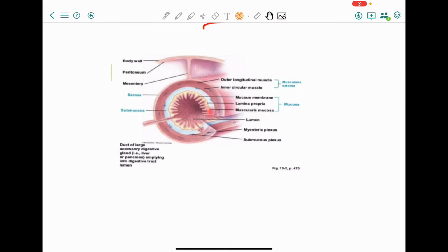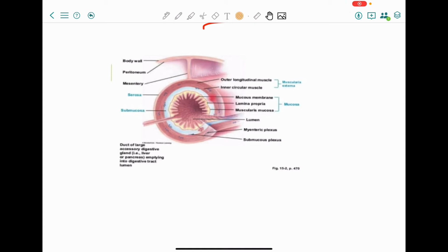It is lamina propria, made up of connective tissue. And then there are some muscles, the muscular mucosa. And above that, the mucosa is covered by submucosa.